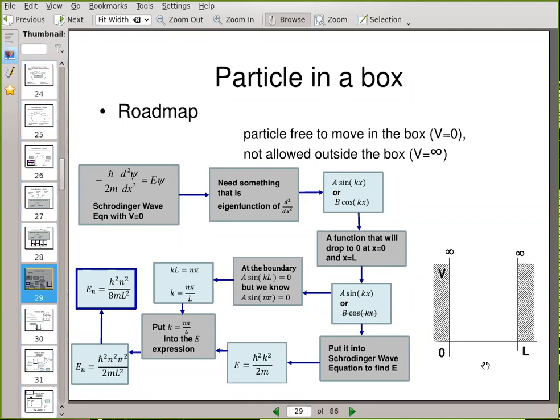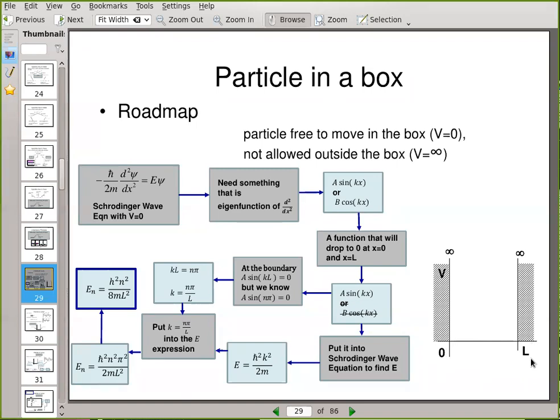And this is very relevant to us as chemists, because in molecules, you will have an electron that can be confined to a molecule. If that molecule's linear, then it is pretty much this situation where it can move between the ends of a molecule, but that electron can't move off the ends of a molecule, so it's prevented from moving in regions of space. So this is very relevant to us.